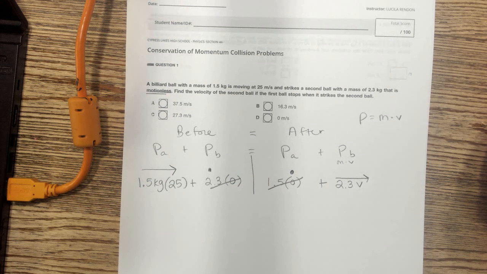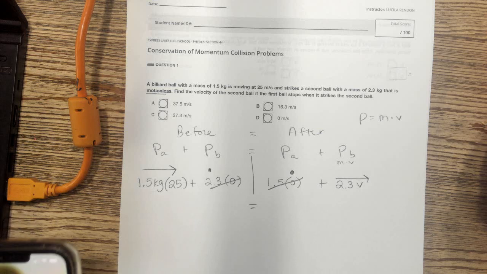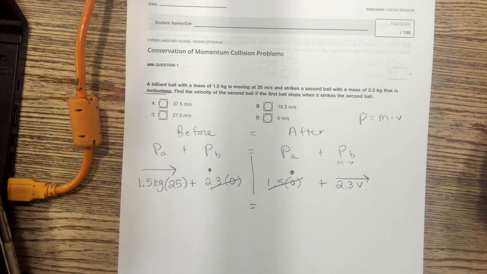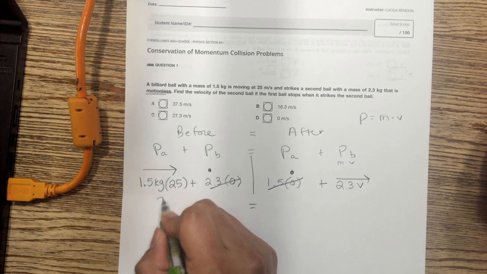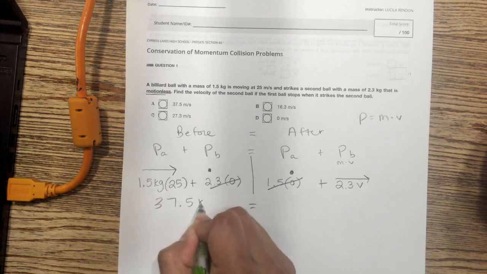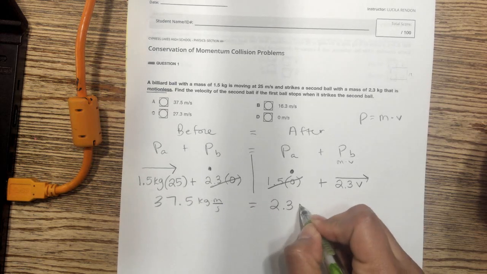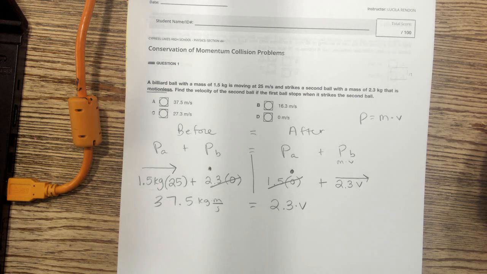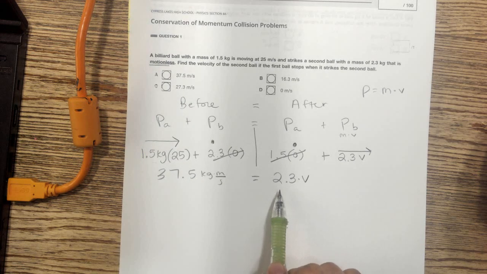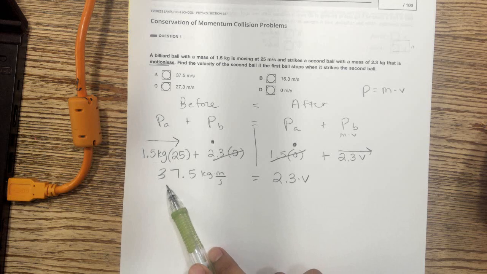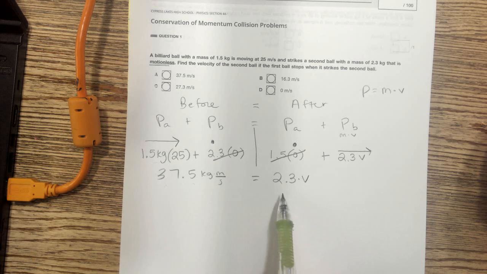So before the collision, the combined momentum is, and I've got to get my calculator out too, sorry, 1.5 times 25, 37.5. That means that before the collision, the combined momentum was 37.5 kilogram meters per second, and after the collision, it has to be that same number.